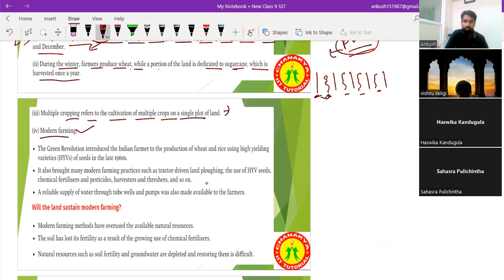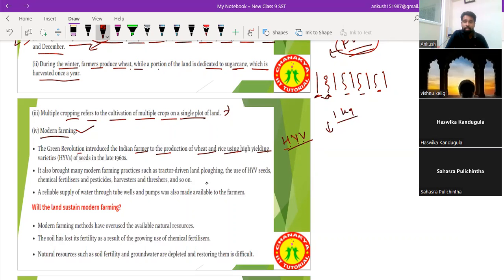The Green Revolution was introduced in India, bringing the production of wheat and rice using high yielding varieties, that is HYV. In the traditional way of cultivation, a single plant could produce, let's say, 1 kg of grain.